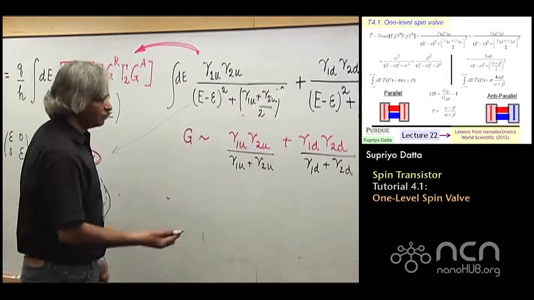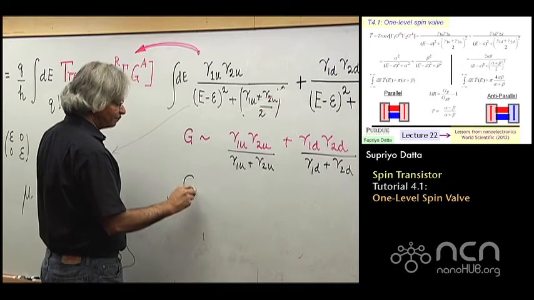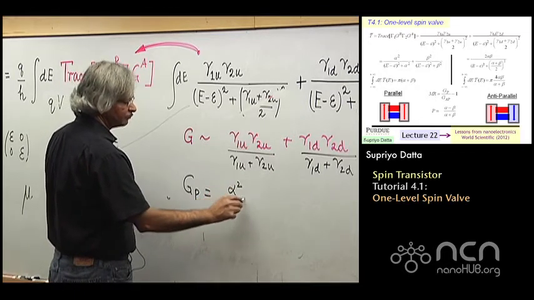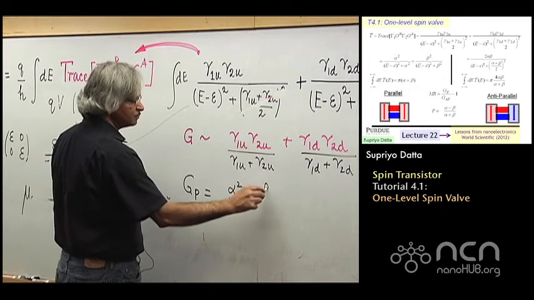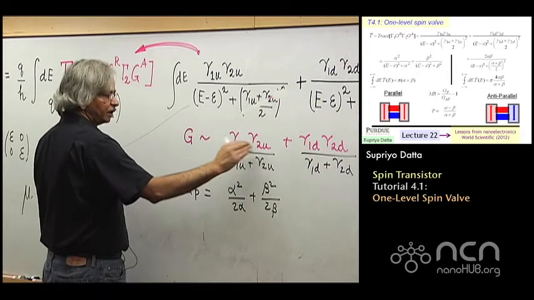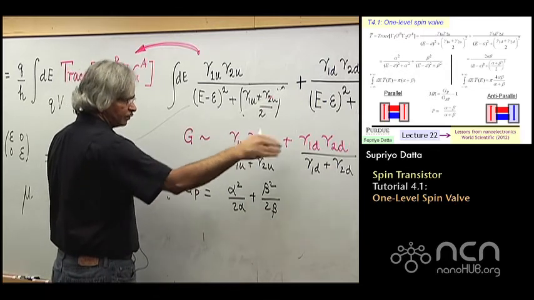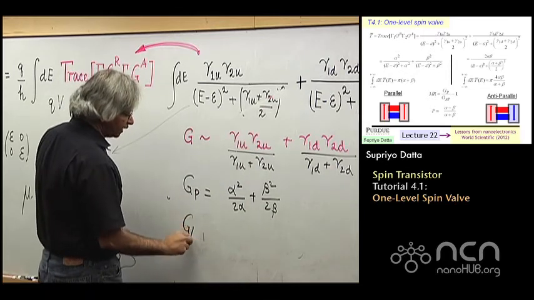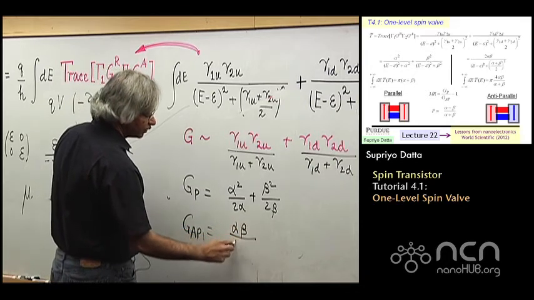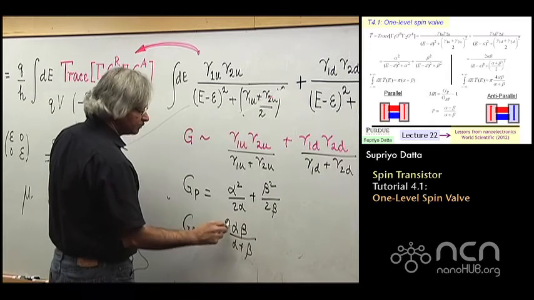And after this, again, you could do the same story. G parallel would be where both are equal to alpha, so it will be like alpha squared over 2 alpha plus beta squared over 2 beta, because up and down are both alpha alpha or beta beta. And when you look at anti-parallel, it would be alpha beta over alpha plus beta, and 2 times that.